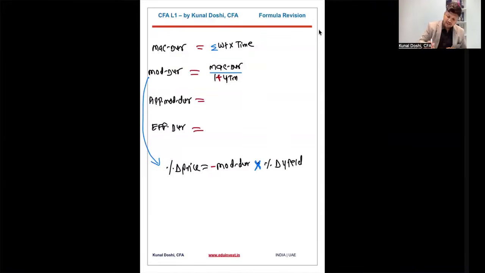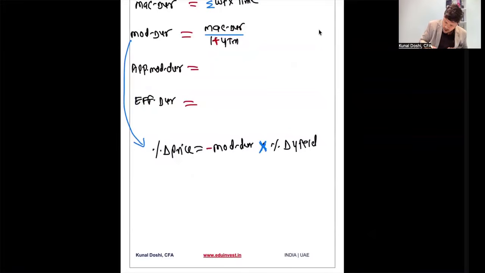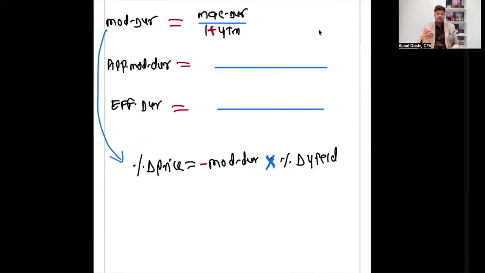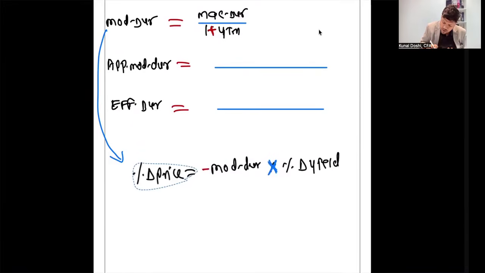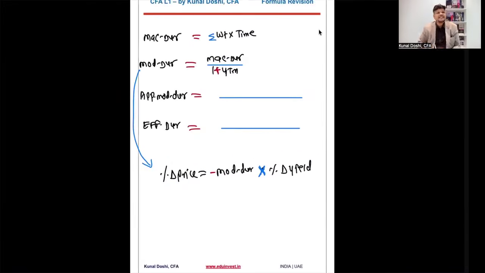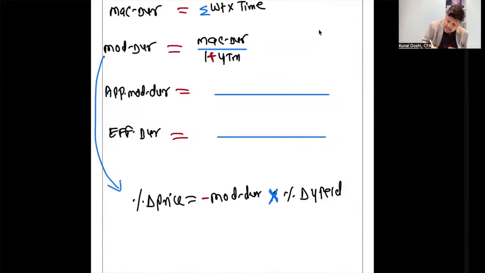Approximate modified duration, very important. What is approximate modified duration, how is it similar to effective duration and how is it different? First of all, approximate modified duration, everyone in the class? Why do we use it? For a larger change in yield. So we take the changes in the price: PV minus, PV plus, the difference. Now here, guys, the minus and plus on the top represent what?